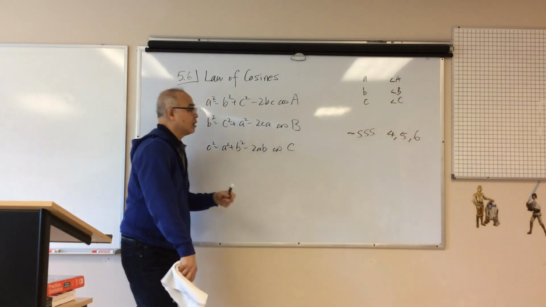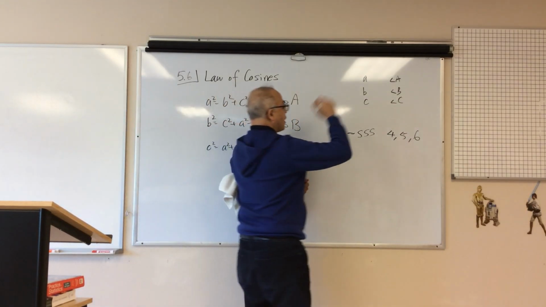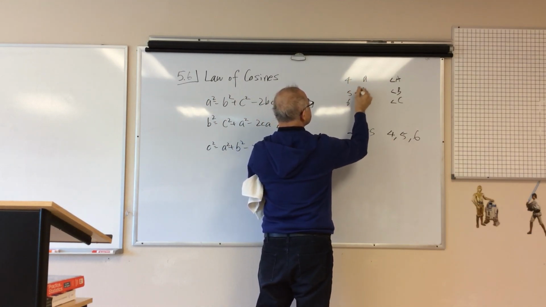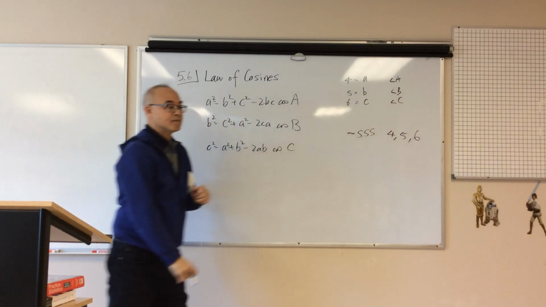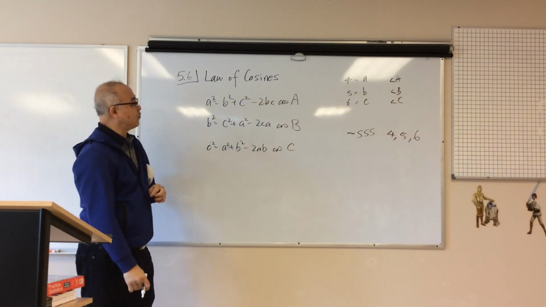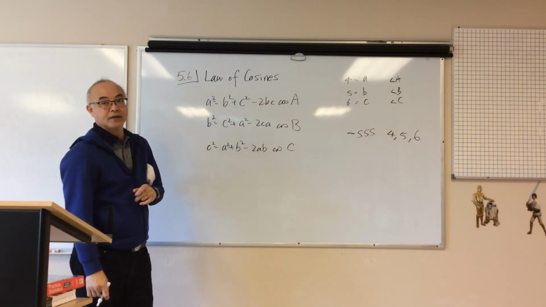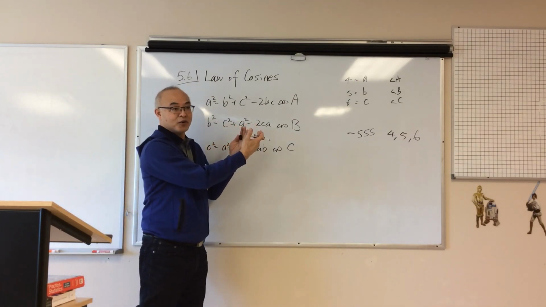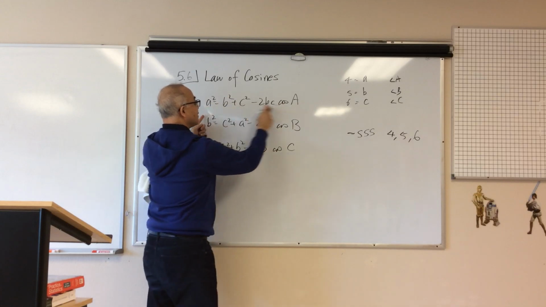Okay, so I am given 4, 5, and 6. How would I solve for angle A? Well, there's only one choice here. Which one has angle A? This guy right here.